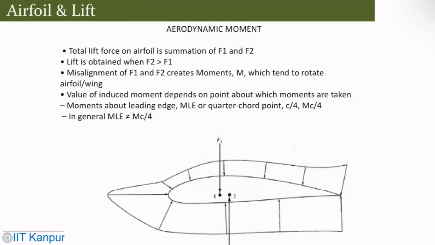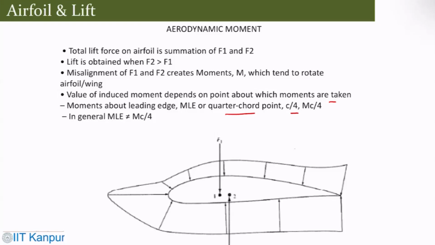The total lift force on the airfoil is the summation of F1 and F2. Lift is obtained when F2 is greater than F1. Misalignment of F1 and F2 creates the moment, which tends to rotate the airfoil or wing. The value of the induced moment depends on the point about which moments are taken, such as the leading edge or the quarter chord, in general M c/4.